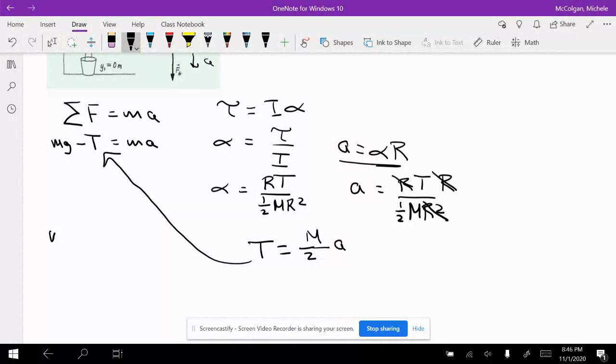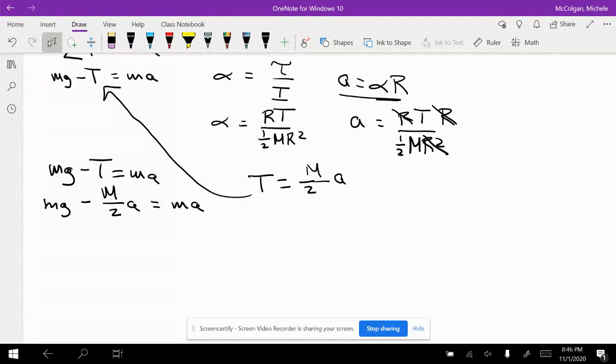So we have mg minus T equal to ma, which becomes mg minus capital M over 2 times a, equal to ma. Now I can add capital M over 2 times a to both sides.